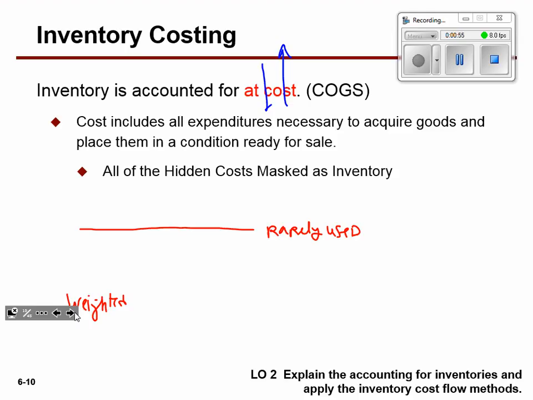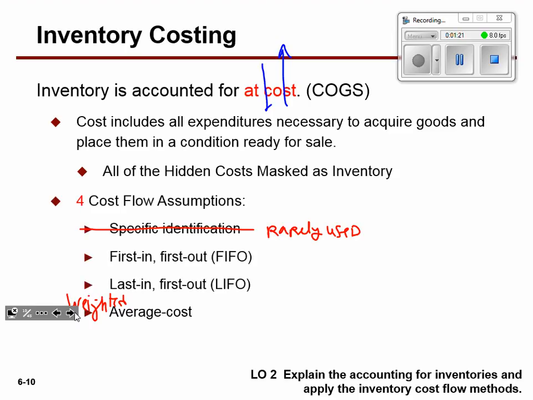If the price has been going up, we've got all these different costs going on because of inflation and rising prices. So we stop and ask, which cost are we going to apply to COGS? That's the whole theme and question that this chapter asks.